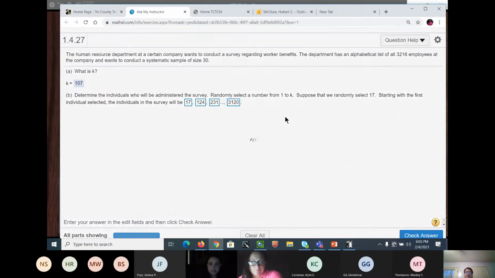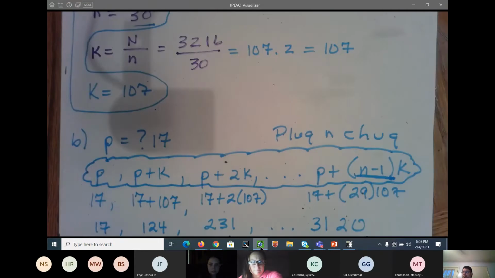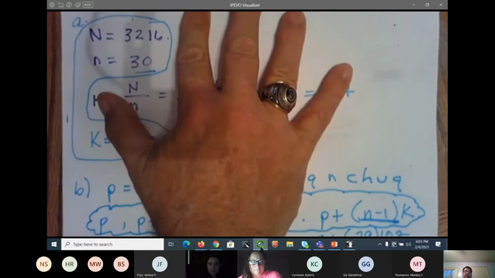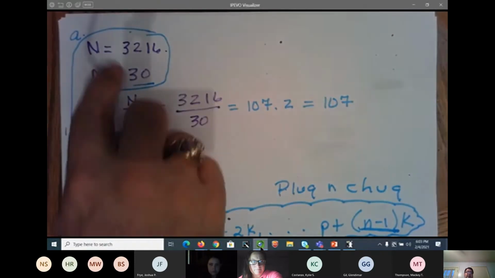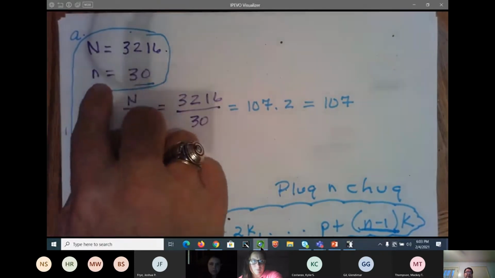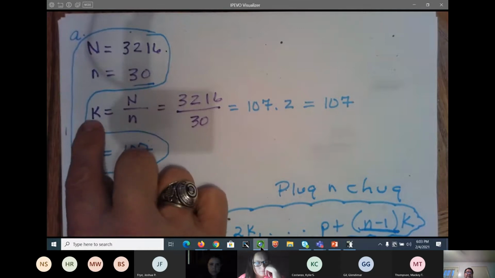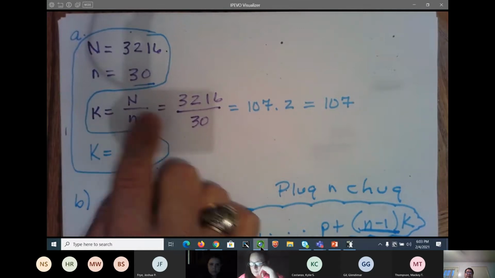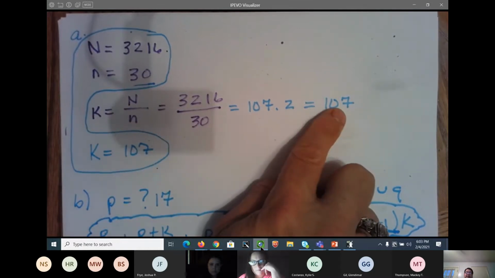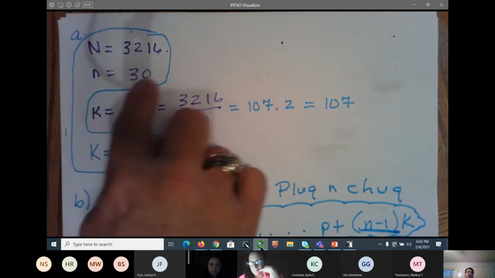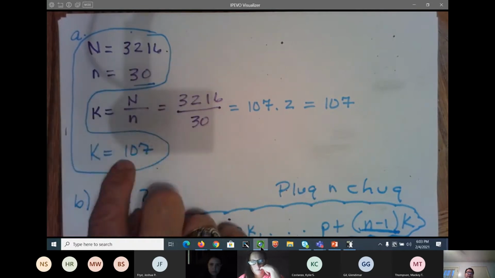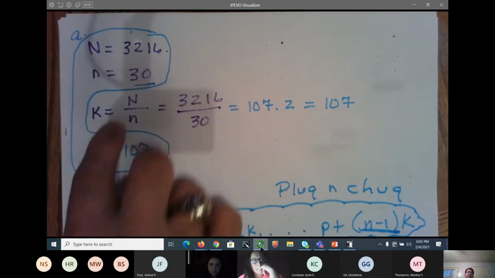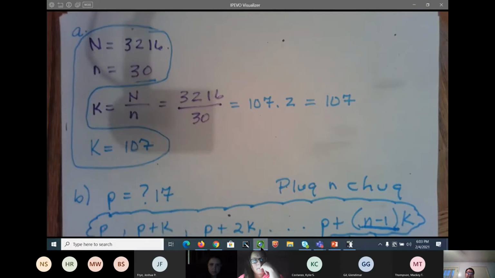And we feel good about ourselves. Now, the first thing you do, look what I did. I wrote down big N. I wrote down little n. And then I calculated K. And once I calculated K, I put them all in a circle, because you use all three of these, well, you use two of them down here.